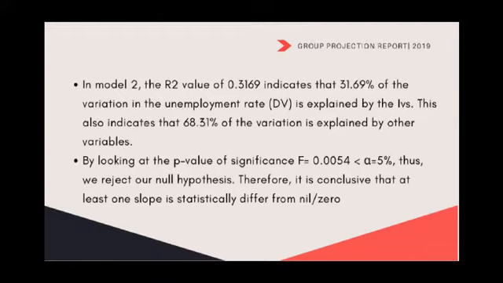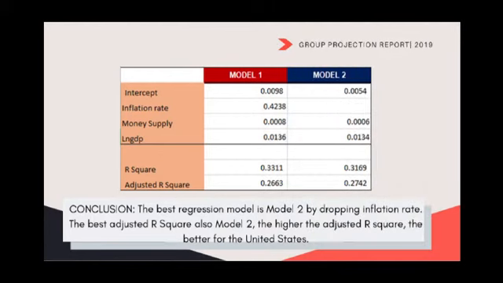The test of ANOVA is slightly different for multiple linear as compared to simple linear. By looking at the p-value of significance F, which is less than alpha equal to 5%, thus we reject our null hypothesis. In conclusion, for the two models, the best model is Model 2 by deleting the inflation.